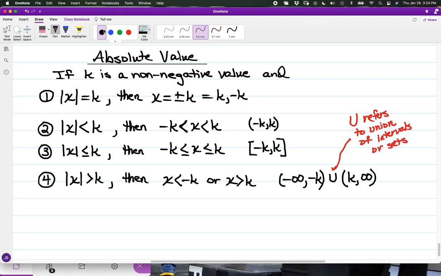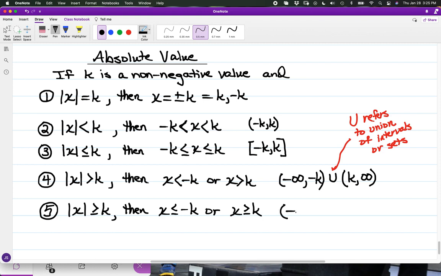And if we have, let's say, that the absolute value of x is greater than or equal to k, then you're going to have that x is less than or equal to negative k, or x is greater than or equal to k, and the interval notation would go from negative infinity approaching and including negative k.